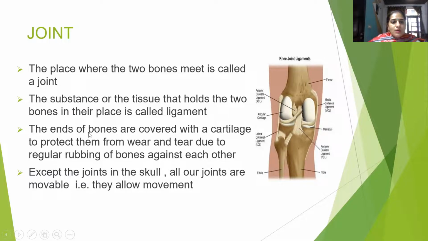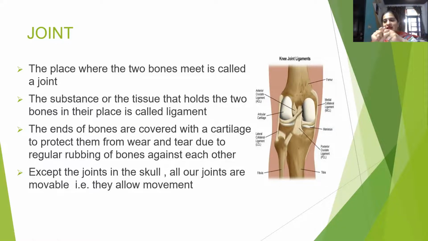Now the ends of the bones are covered with cartilage. What is cartilage? Cartilage is a material, a jelly-like thing, which stops two bones from rubbing together. What will happen if there is no such soft tissue?